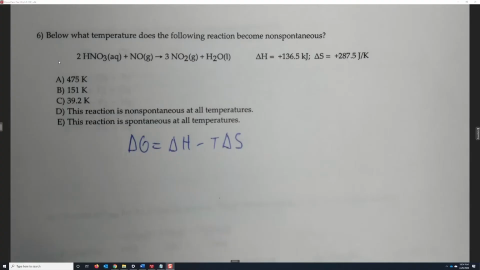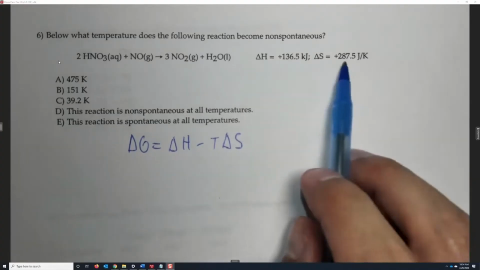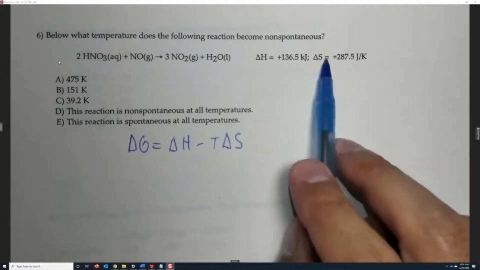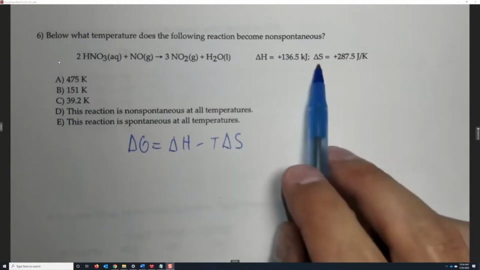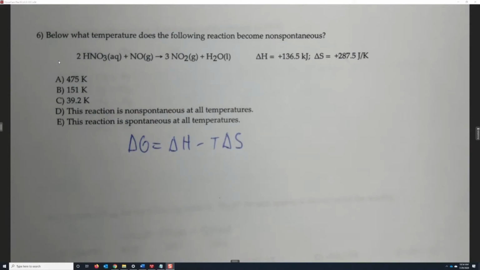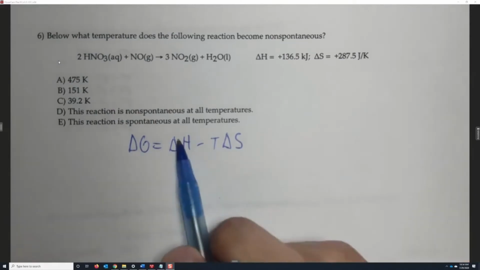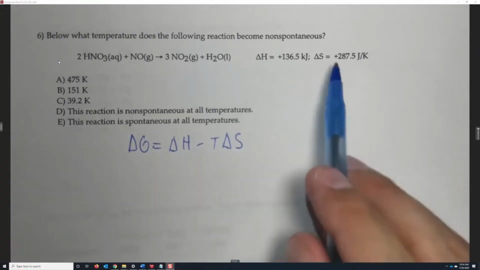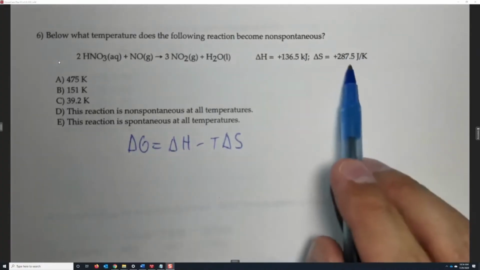It's also important to remember that delta H and delta S are both positive. So this reaction is going to be spontaneous at high temperatures, as we talked about in question 4, so I'm not going to go over that again. So delta G is 0. That's the flip between positive and negative. Delta H is given, and delta S is given. But you have to be careful because delta H is in kilojoules and delta S is in joules.